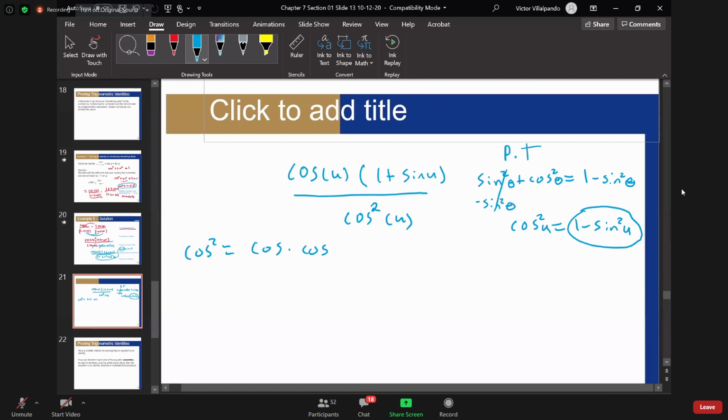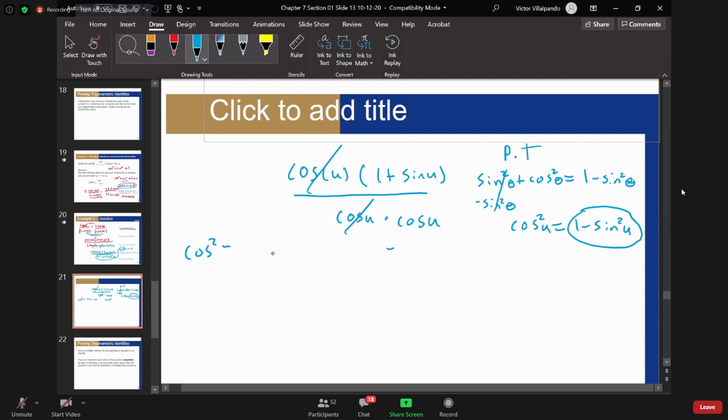I don't like to write it like this, it's a little bit elementary. Cosine of u times cosine of u actually equals cosine squared. So one cancels out with the other, and then I think you see what's going to be going on now.